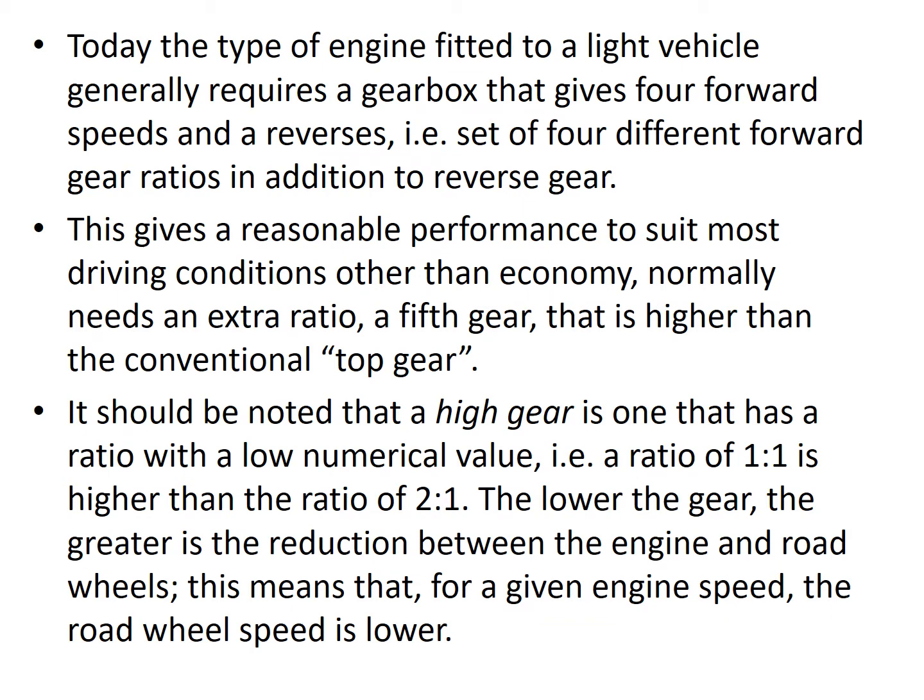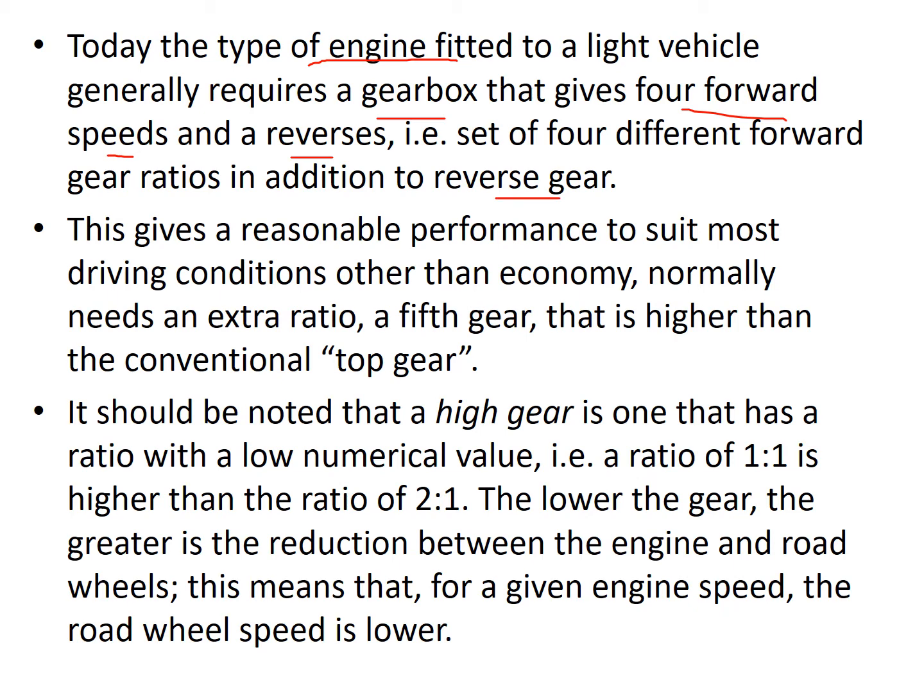Okay, today the type of engine fitted to a light vehicle generally requires a gearbox that gives 4 forward speeds and a reverse. This is usually a common one, that is 4 different forward gear ratios in addition to one reverse gear.